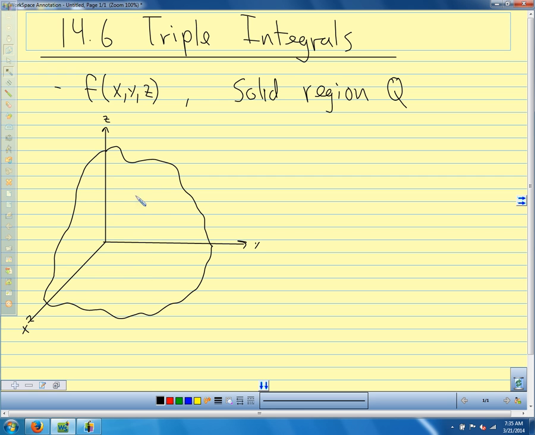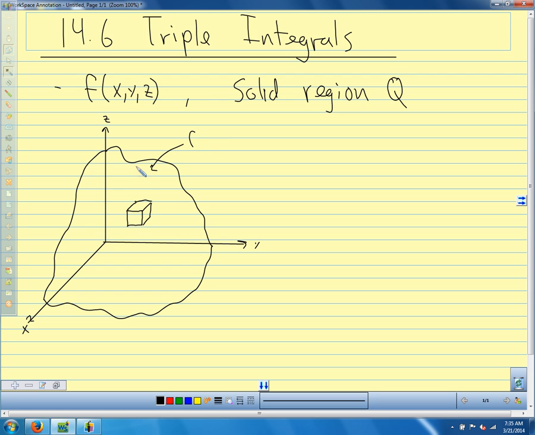We're just going to divide this region into small rectangular prisms in little block shapes. So there's a little piece, a little volume element, in our solid region.